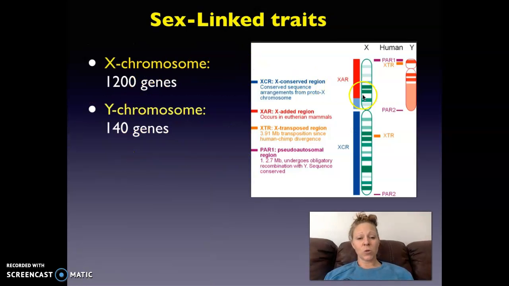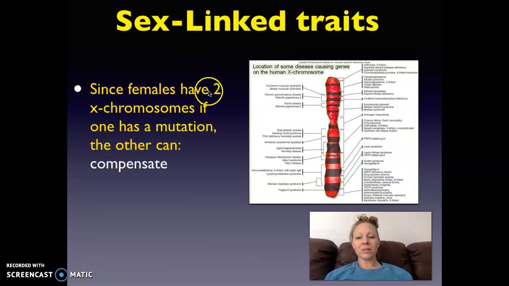So the X chromosome, as we've discussed, is quite a bit larger. It has 1,200 genes on it, whereas the Y chromosome has only 140. So what does that mean? Since females have two X chromosomes, if one has a mutation, the other can compensate.